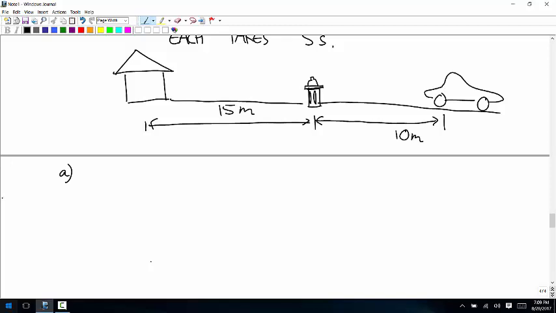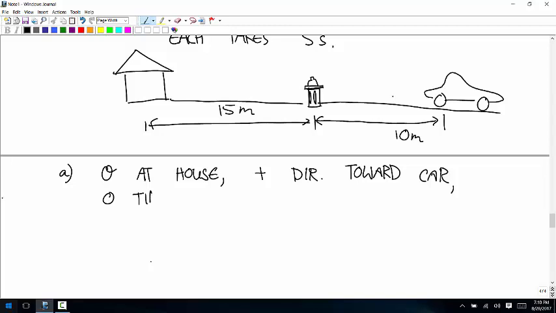And so now for part A, we're going to choose the 0 position at the house, a positive direction toward the car, and the 0 time when he leaves the house.